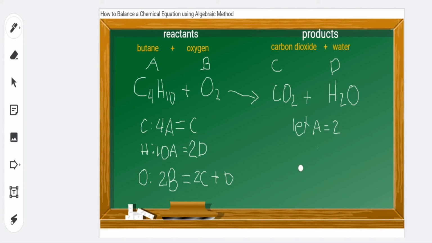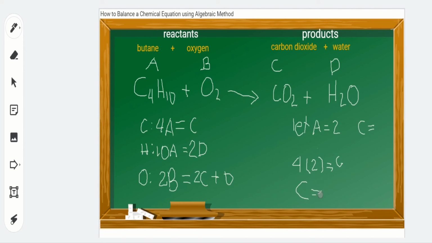If A is equal to 2, we can use this equation to find the value of C. So for C, let's use 4 times 2, where 2 is the value of A, is equal to C. Definitely 4 times 2, C is equal to 8.